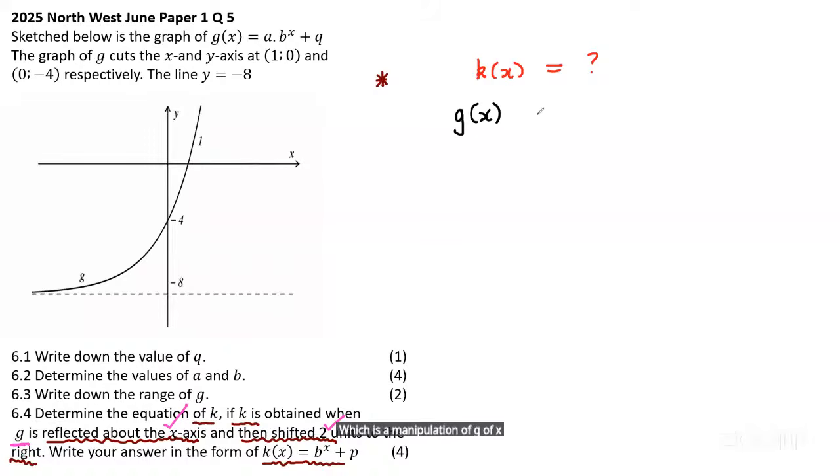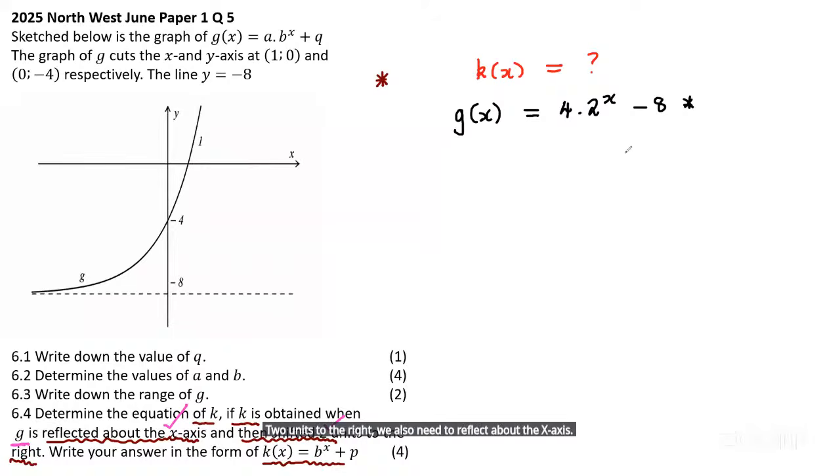And I remember what g of x is. g of x, from what we got, is 4.2 to the power x minus 8. So we need to shift it 2 units to the right. We also need to reflect about the x-axis.